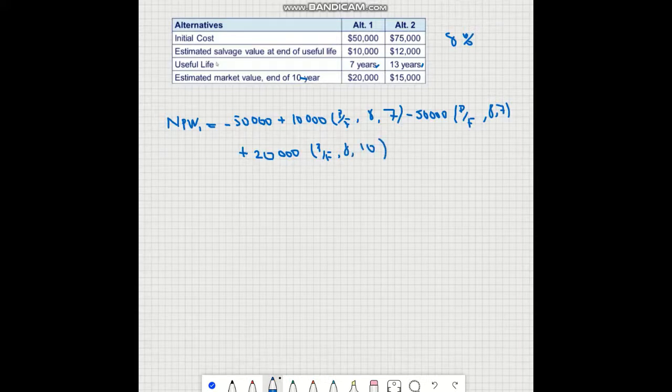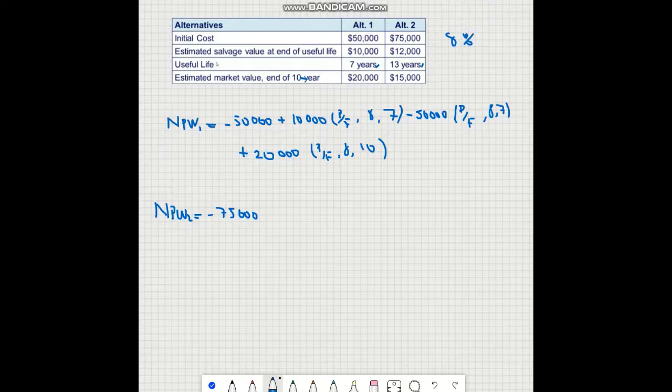Okay, we finish up the alternative 1 for net present worth. Net present worth of the second alternative: the first thing we are paying is 75,000, which is cost, so it's going to be minus. Then the estimated salvage value of useful life is 12,000.